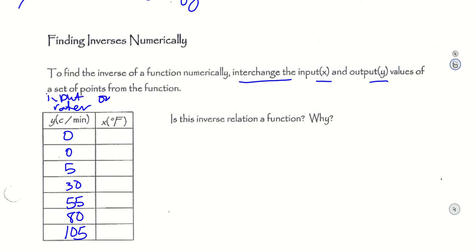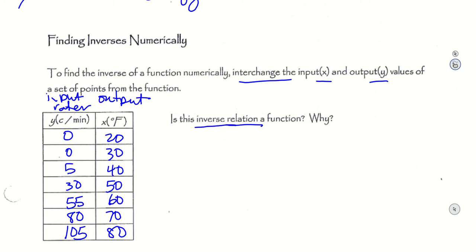This is now our output column. Are our temperatures, which were 20, 30, 40, 50, 60, 70, and 80. So I have a new set of points, right? This is a relation. It's an inverse relation because we switched the input and output from our previous information.